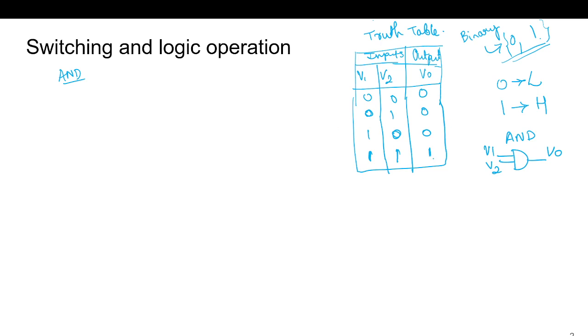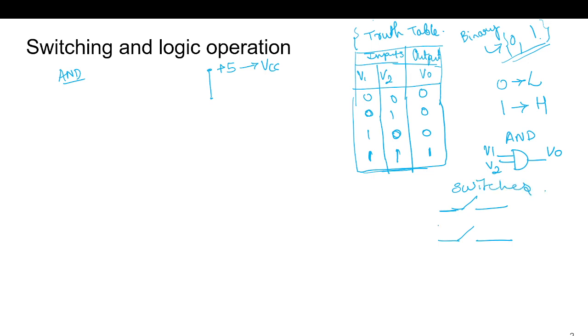So to obtain an operation equivalent to this truth table using switches, if we have a 5 volt, say, VCC supply, we need 2 switches. This is one switch, and we need 2 switches.